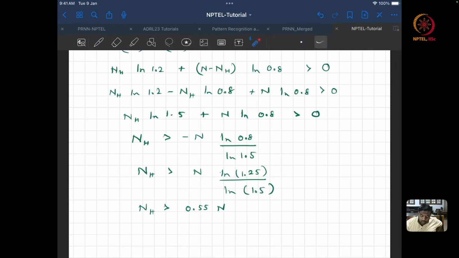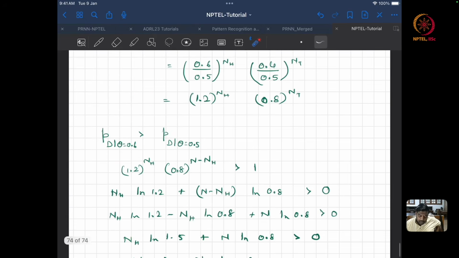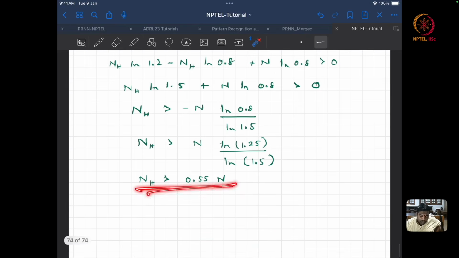Now finally what I want, I know only nh and I know n. Now what is the estimate that I have to consider? When this condition is satisfied, I take the decision theta equals 0.6.